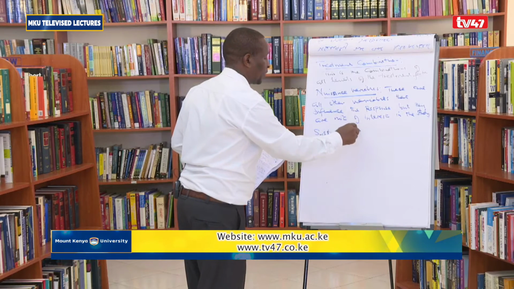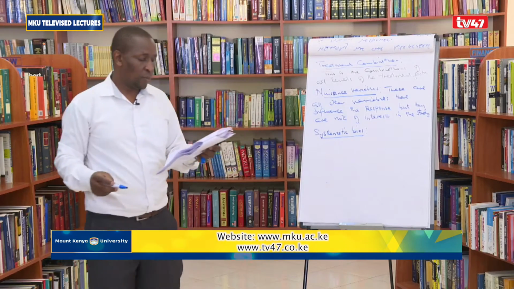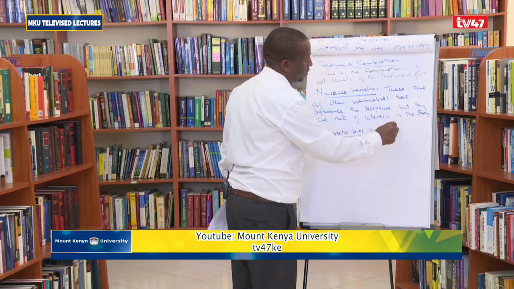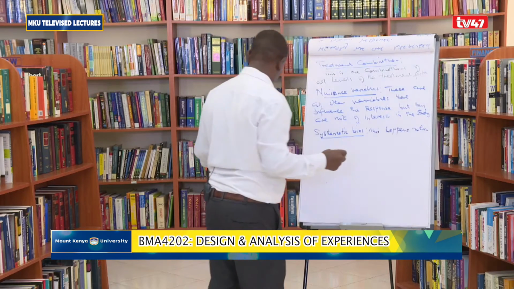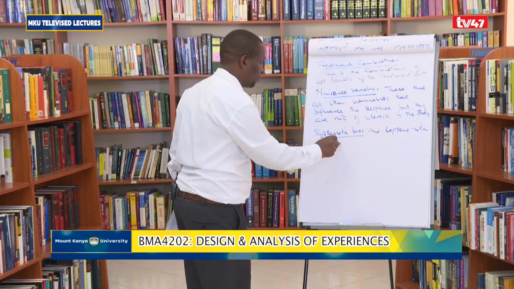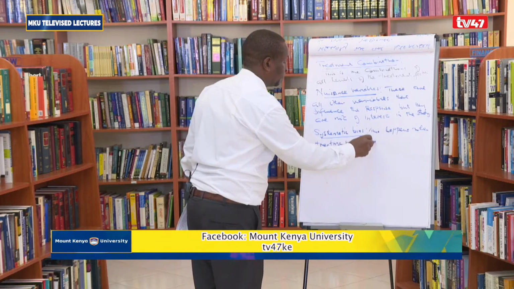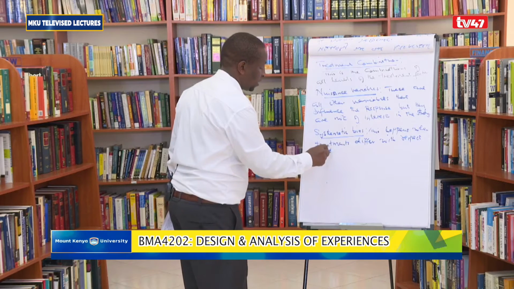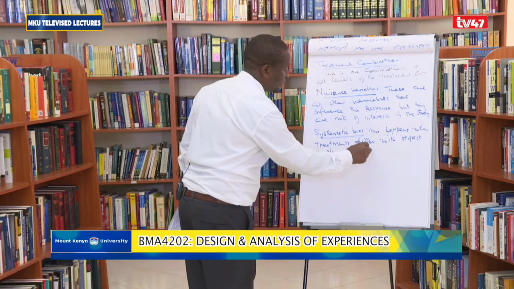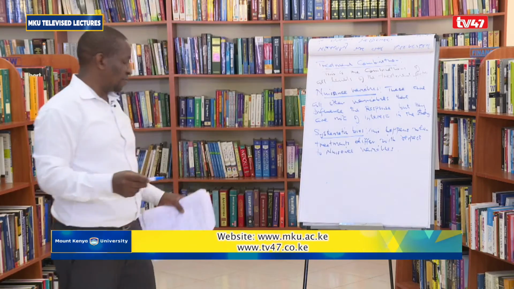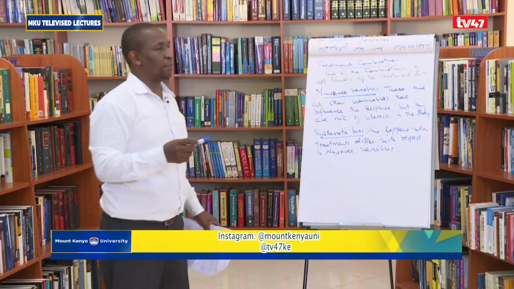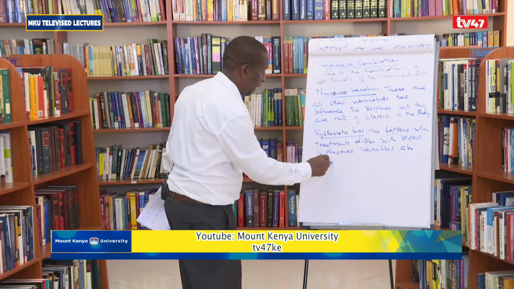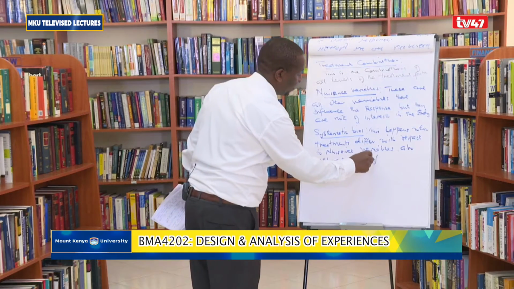Systematic bias occurs when treatments differ with respect to nuisance variables, and we sometimes refer to them as confounding variables or confounders.